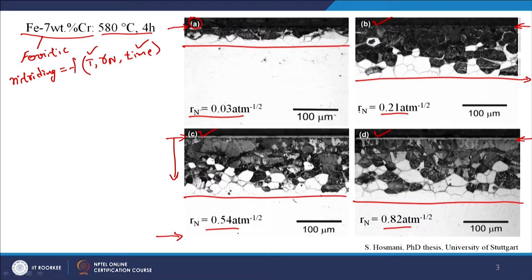So, we have an ammonia hydrogen gas mixture, in which the percentage of ammonia is being increased from A, B, C and D. And another feature we see in these micrographs is that close to the surface you have a dark appearing region, and below that you have rather bright appearing ferrite grains. So, what are these differences?